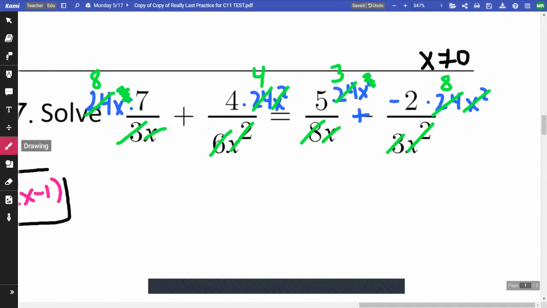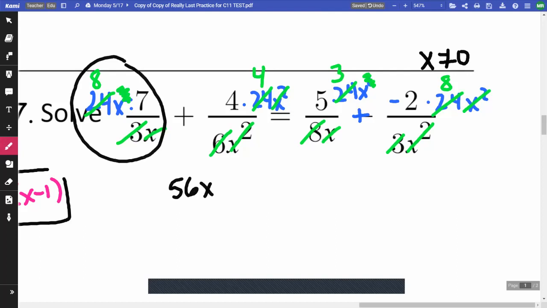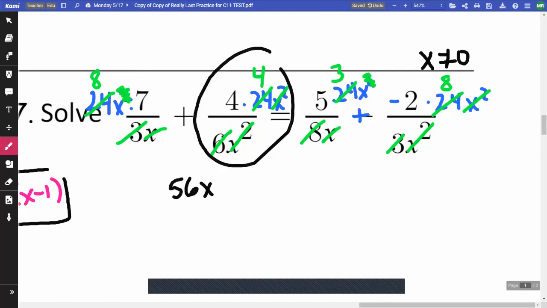So I am going to get 56x from this. Over here, I'm going to get a 16.